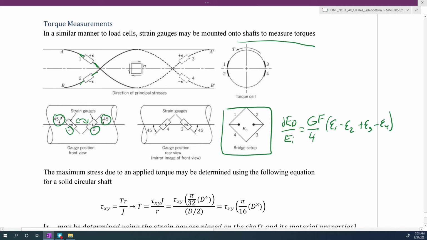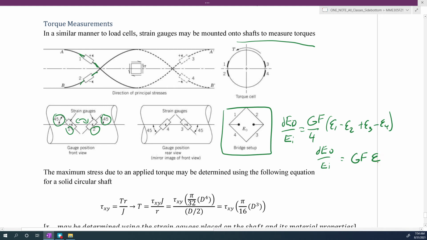All right, so we know this relationship, right? If these are all equal and opposite, this basically becomes EO over EI is equal to our gauge factor for our strain gauges times, these are all equal, but epsilon 2 and epsilon 4 are negative, so we end up getting something like this.